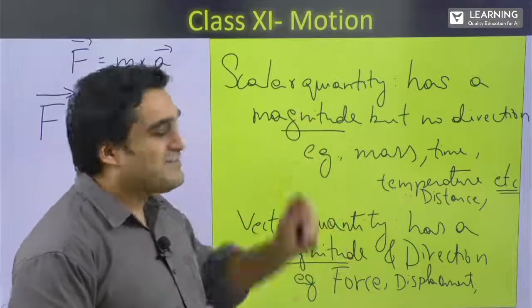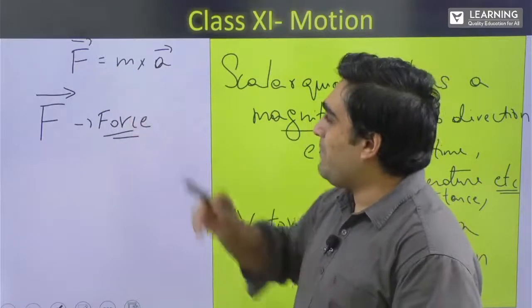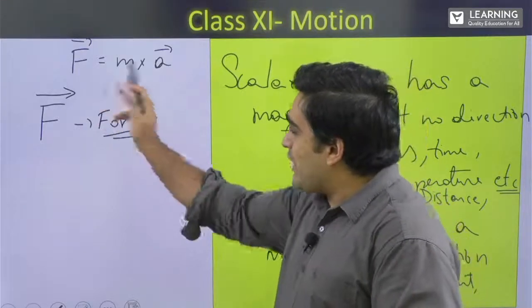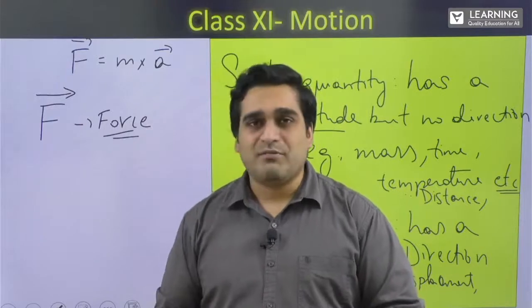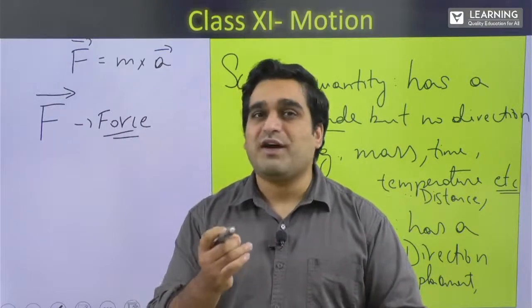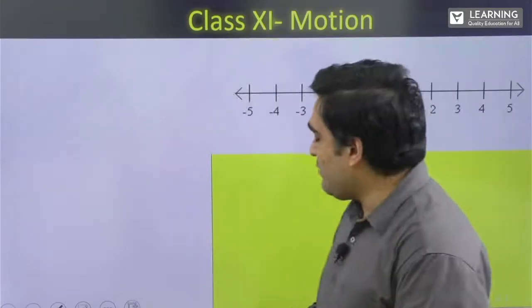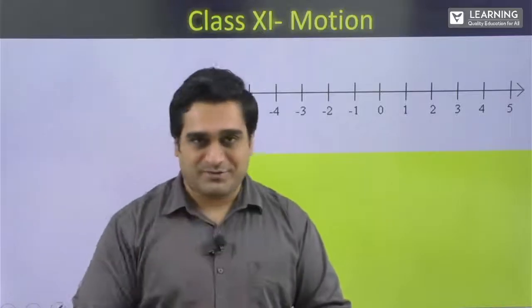That's right, the answer is a scalar quantity. Okay, so mass here is a scalar quantity. So now that you know how to find the magnitude, that is not the problem. But how do we find the direction? That is where we discuss now how to represent a direction.